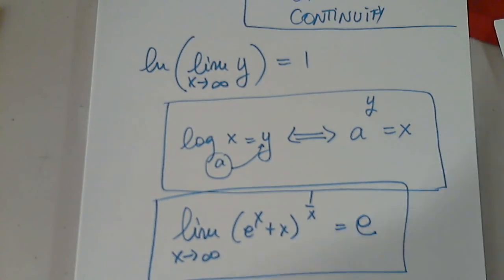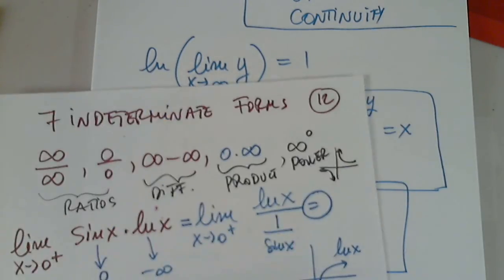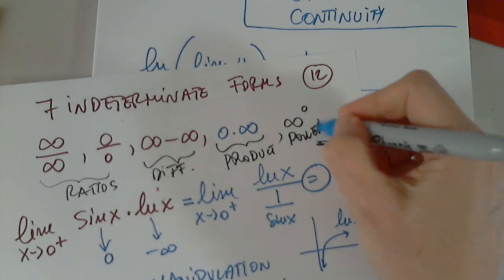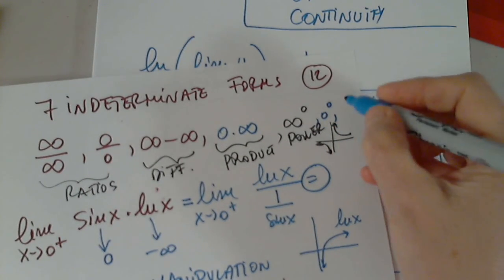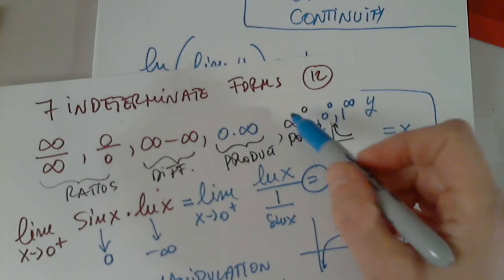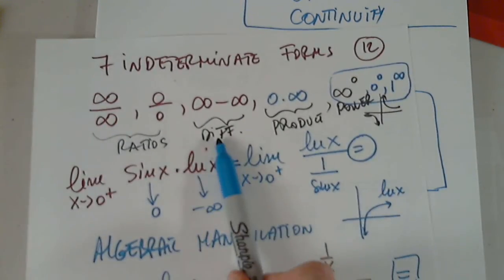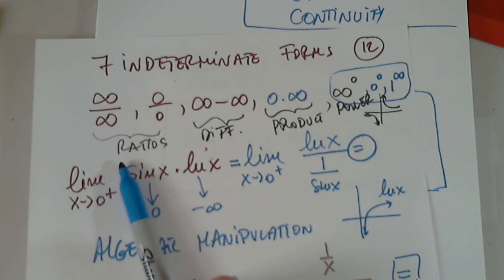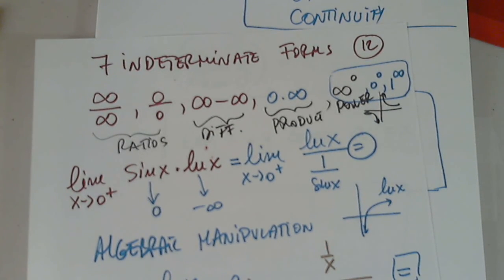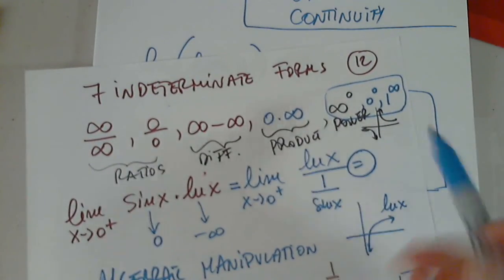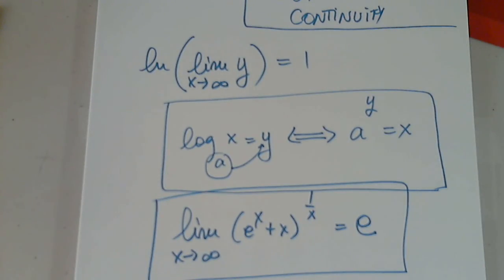We had infinity raised to 0, and we have two more powers. I want to add them here so I don't forget. 0 raised to 0 and 1 raised to infinity. So 3 powers, 1 product, 1 difference, 2 ratios. 2 ratios, 1 difference, 1 product, and 3 powers. These are the most difficult ones because they require log and a lot of steps.